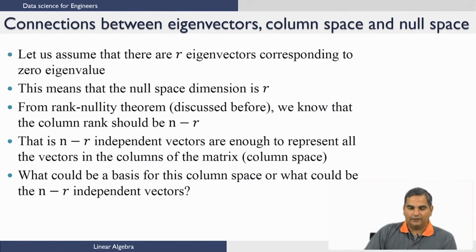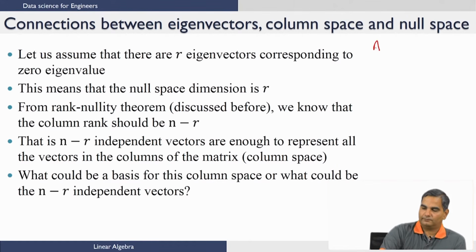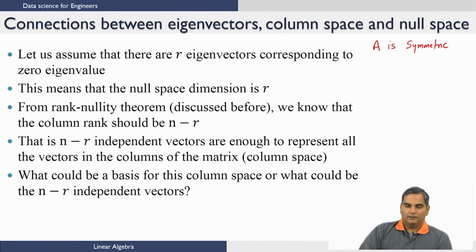In this case, I am going to show you the result, and this result is valid for symmetric matrices. Let us assume that I have a symmetric matrix A. And the symmetric matrix A, we know, will have n real eigenvalues. Let us assume that R of these eigenvalues are 0. So, this R could be 0 also, that means there is no eigenvalue which is 0.